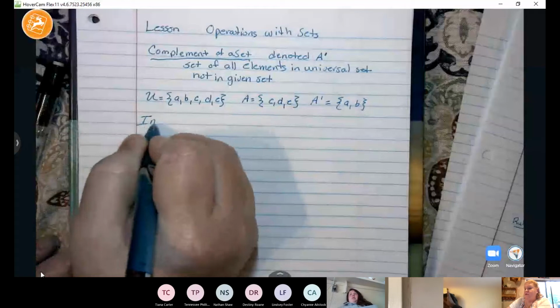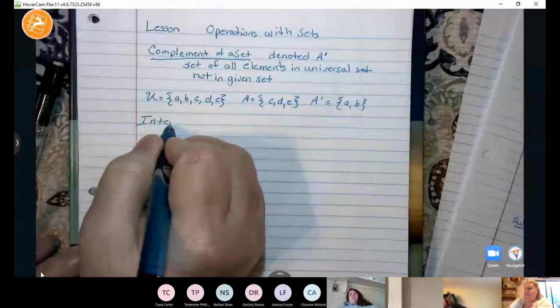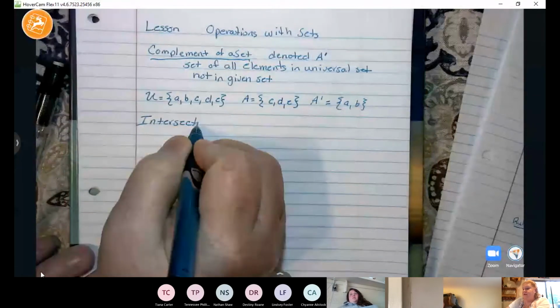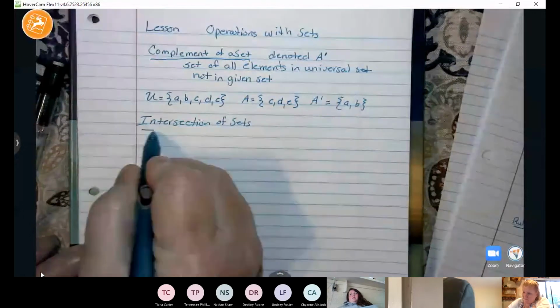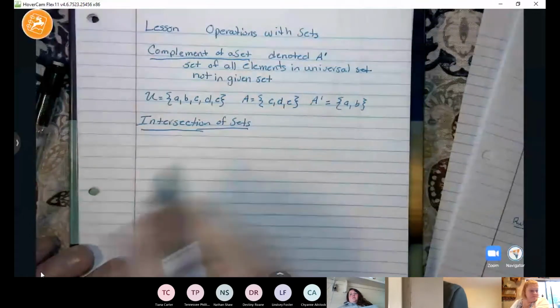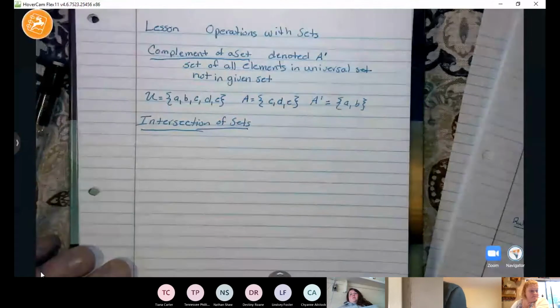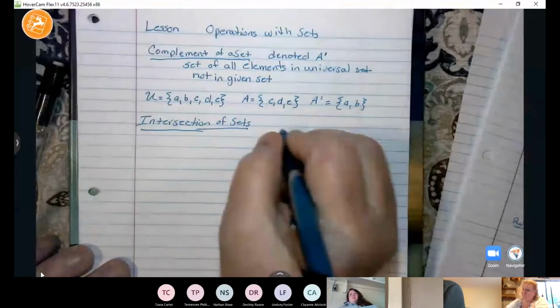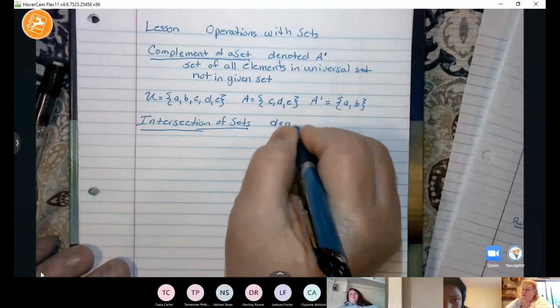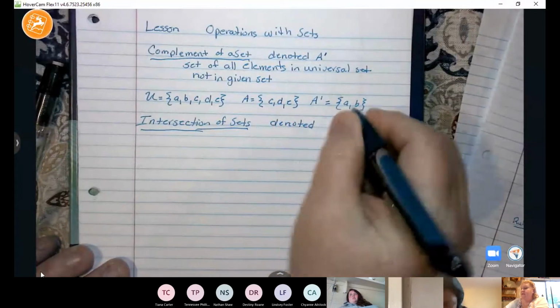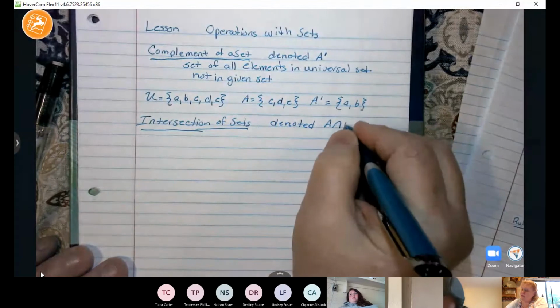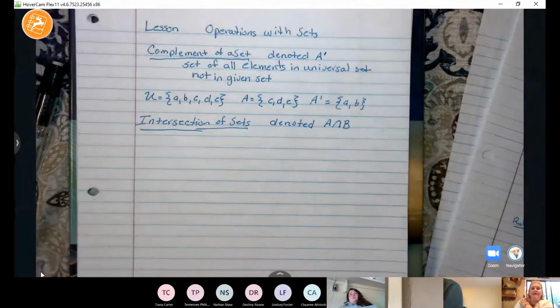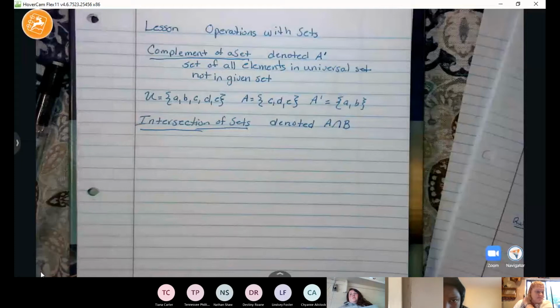The next operation you need to be able to do is the intersection of sets. That is denoted as an upside down U, B. So you have to have two sets to look at an intersection.